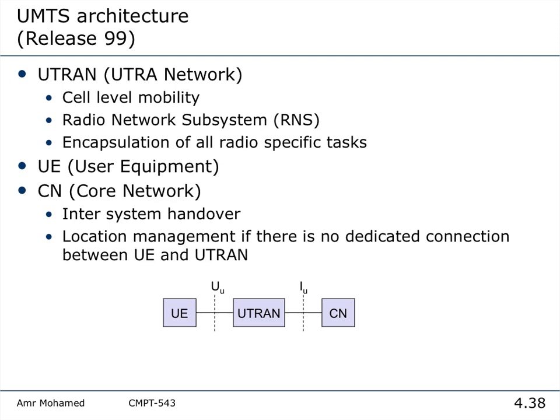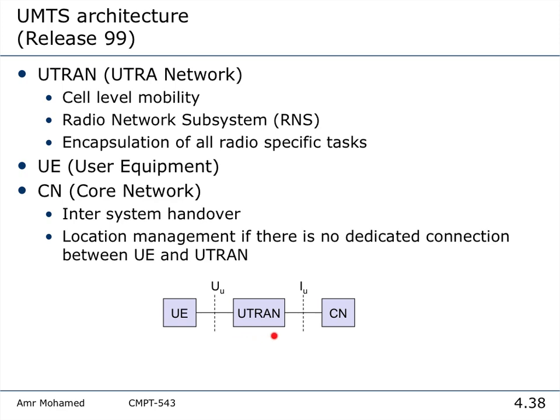The UTRAN, of course, is the access network, which is again subdivided into the base station and the base station controller. Here they call it something else, we'll see. These two parts are the infrastructure part, which belongs to the service provider, and this UE, of course, belongs to the user.